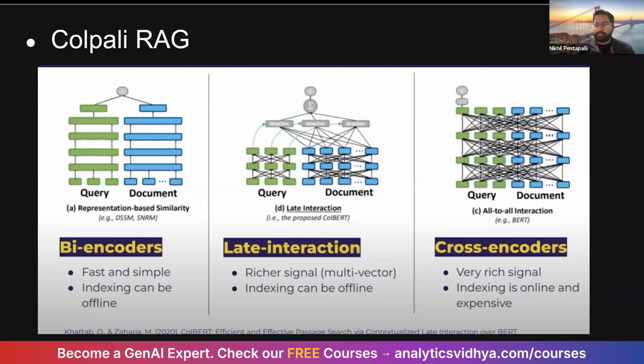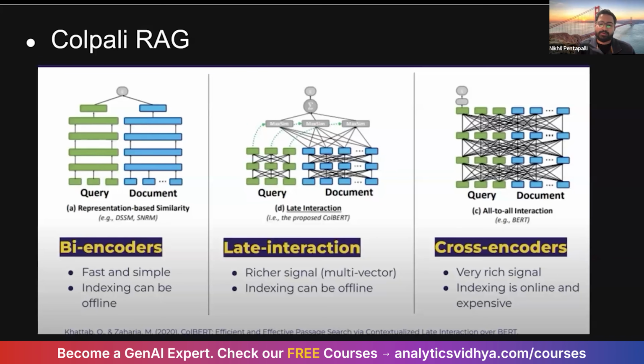The good thing is that it has a very rich signal, because it knows the query and knows how to embed the document based on the query, so it captures richer meaning. But it's very expensive because it has all-to-all interaction.